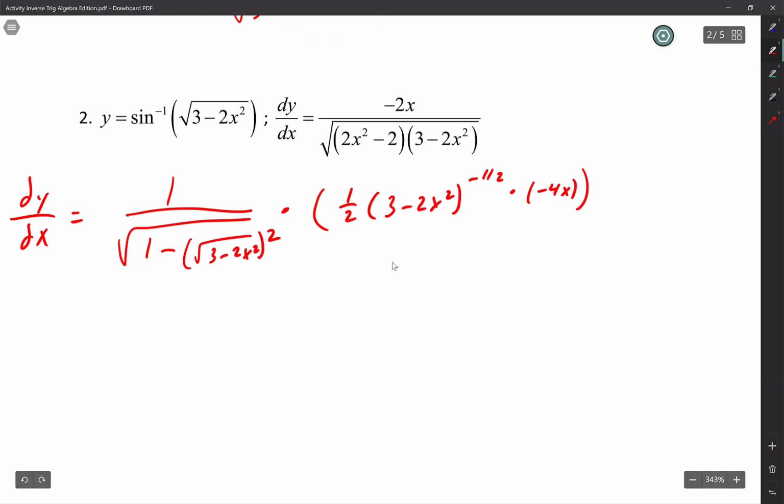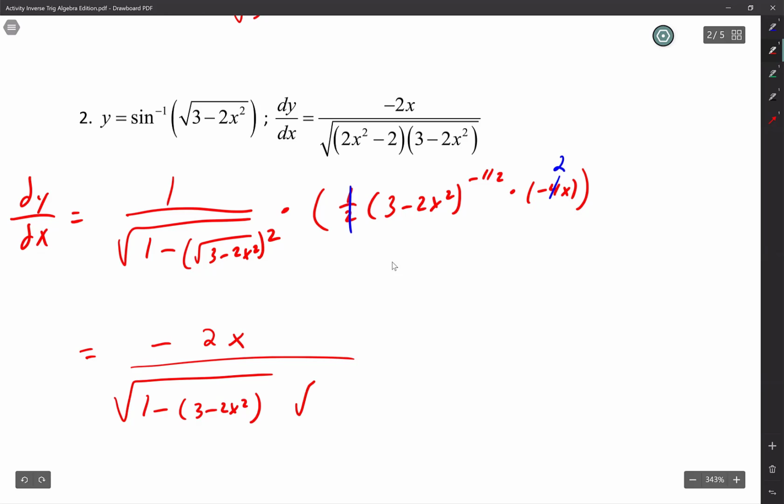And now I'm just going to multiply stuff out. I see a half and I see a negative 4, so that's going to turn into a 2. So here's what I now have. I have a negative 2x in the front. I see a negative exponent here, so I'm going to have square root, I guess let me do the first one here. 1 minus, and then when I square that, that's going to be 3 minus 2x squared.